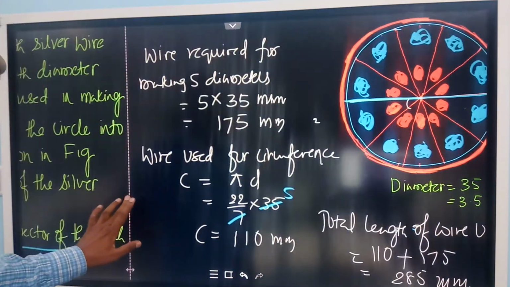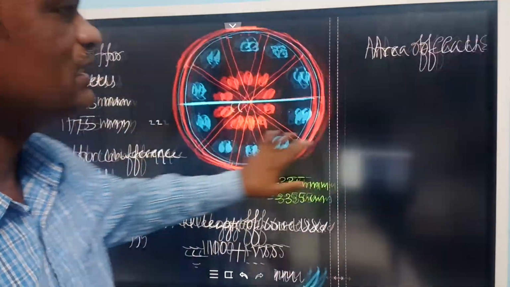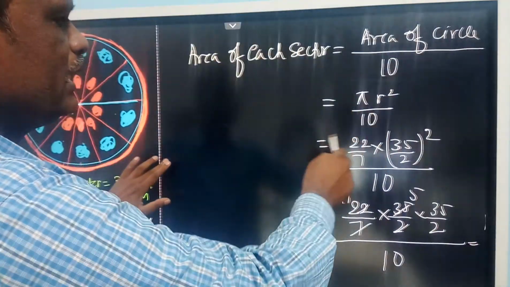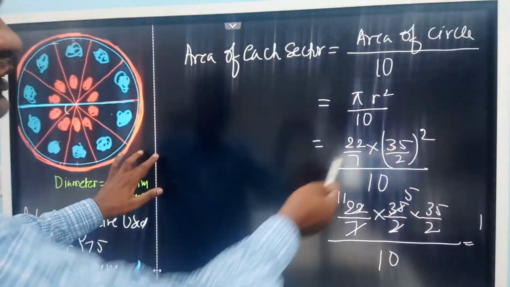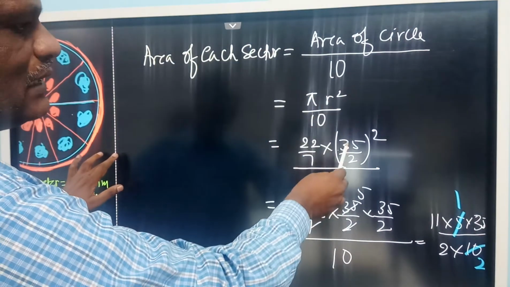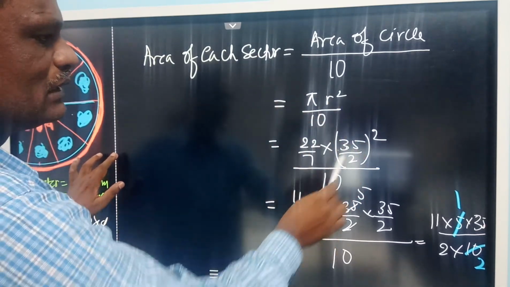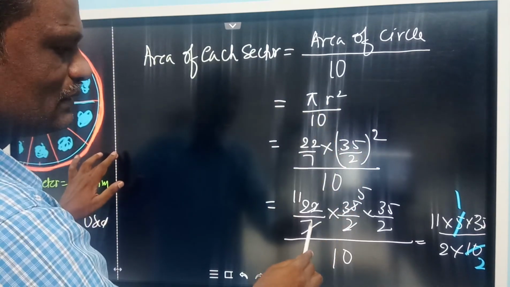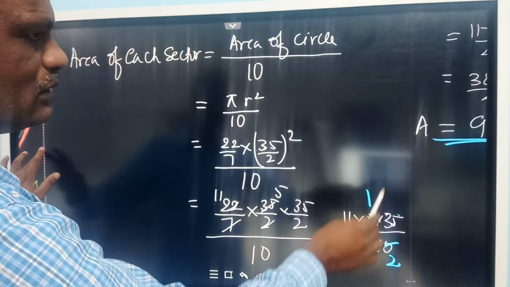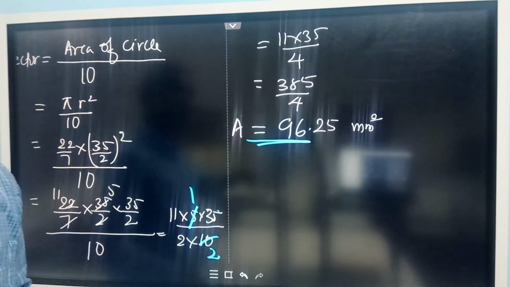Total wire 285. Since there are 10 equal sectors, the area of each is the area of the circle, pi r square, divided by 10. Pi value is 22 by 7, radius is 35 by 2, divided by 10 sectors. Simplifying this, you get 96.25 millimeter square.